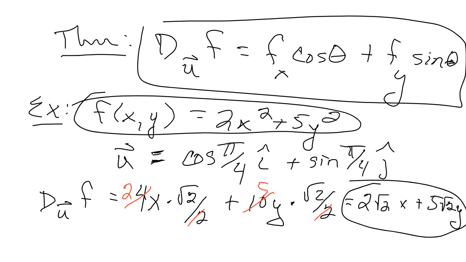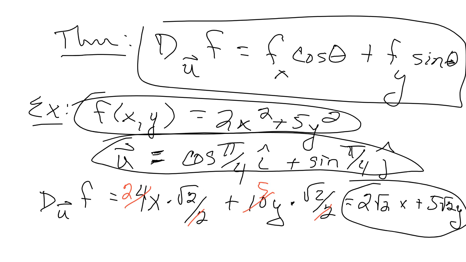Now, what we could do is actually look at a particular point too. So if I want the directional derivative of f in the direction of u vector, where this is my u vector at a pi over 4 angle, from a particular point, this is not in your notes, but let's just use the point 1, 2 for the x0, y0.